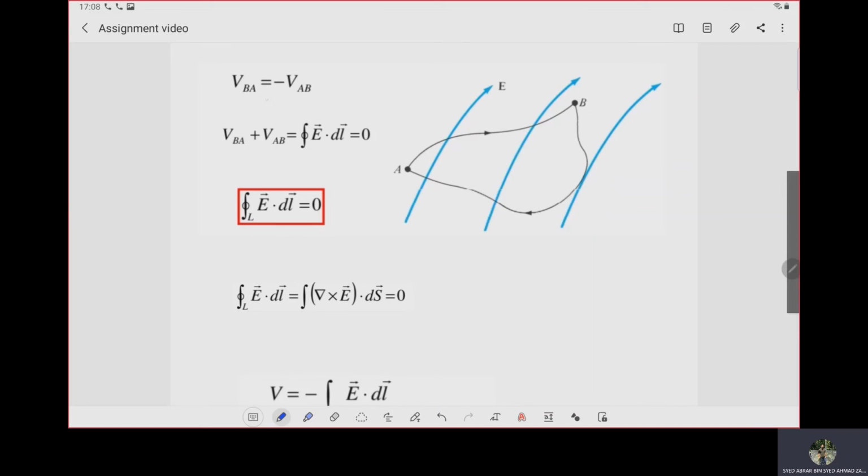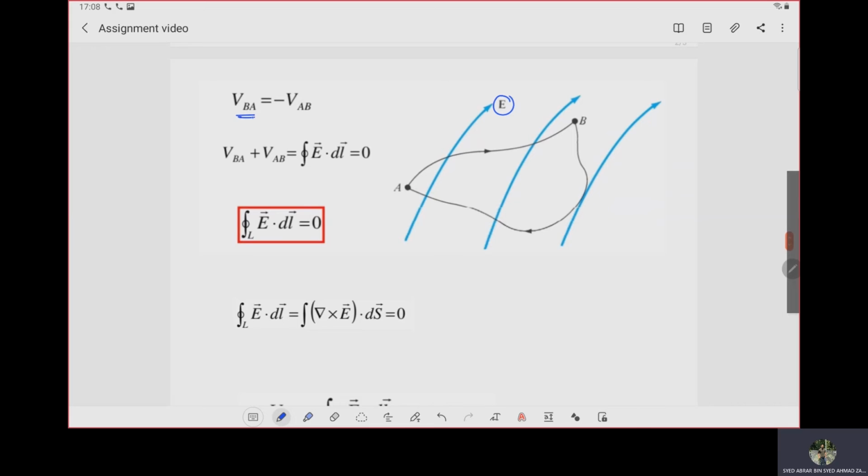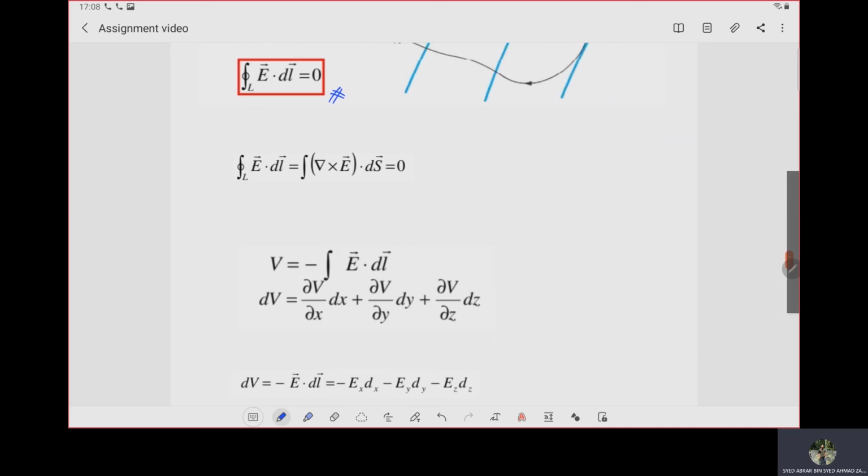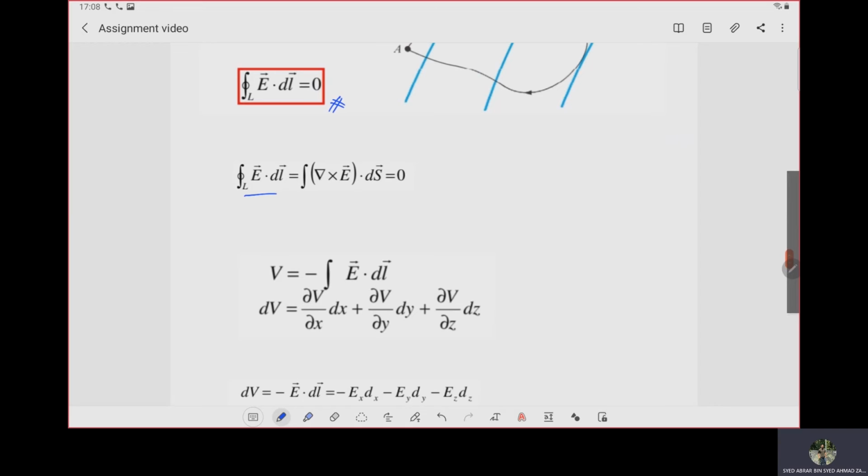Now we see the relationship between E and V. VAB is equal to negative VBA. So the closed integration of E dot dl is equal to 0. So we got this. And then the closed integration of E dot dl equals gradient dot ds equals 0.